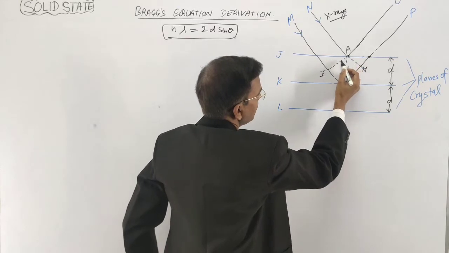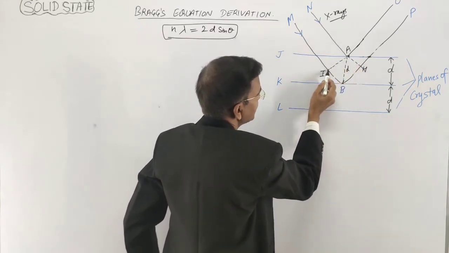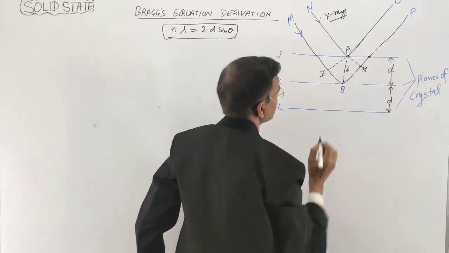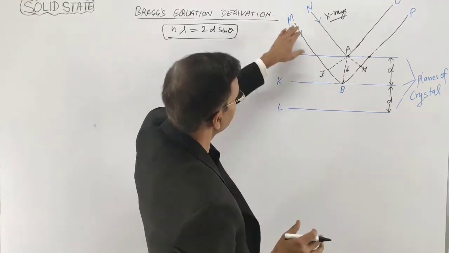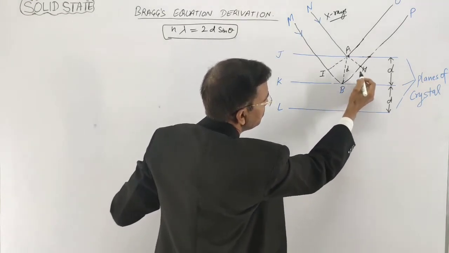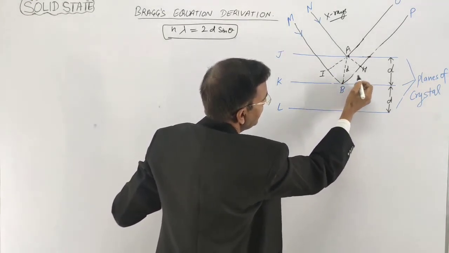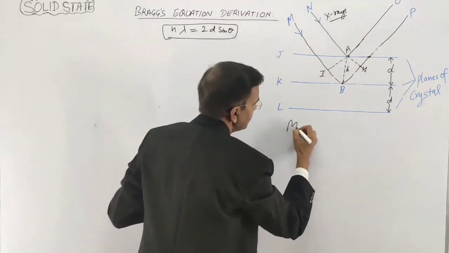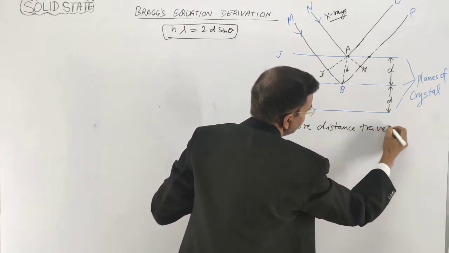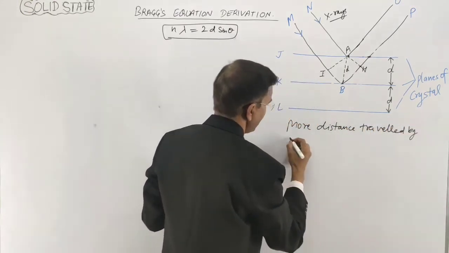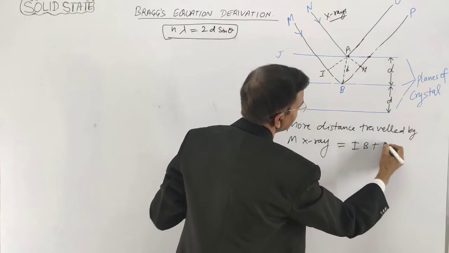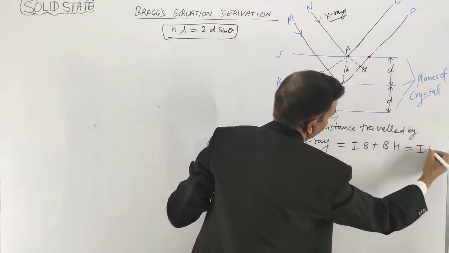If you make the perpendicular over the M ray, it crosses at I, and at BP it crosses at H. So the more distance traveled by M X-ray in comparison to N is IB plus BH, that is IH.